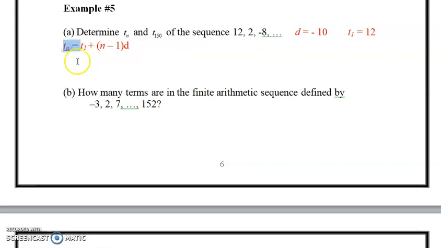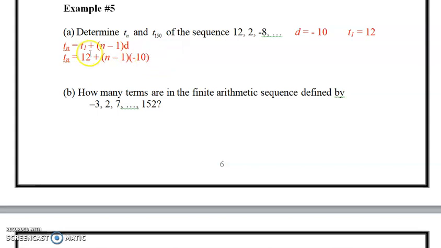The general term is equal to the first term, which is 12, plus n we don't know, minus 1, multiplied by, and since it's negative, even if it was positive, I like to put the bracket just so we're not confused. That means that the n minus 1, both terms get multiplied by the negative 10.